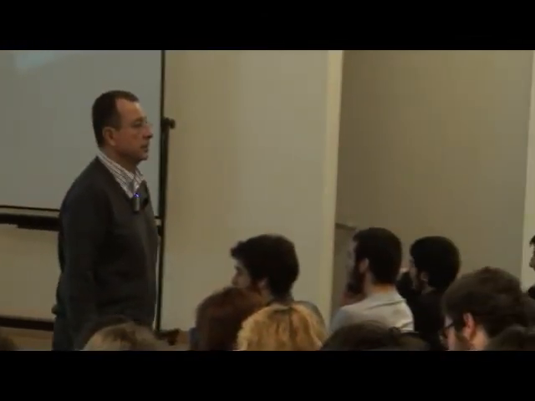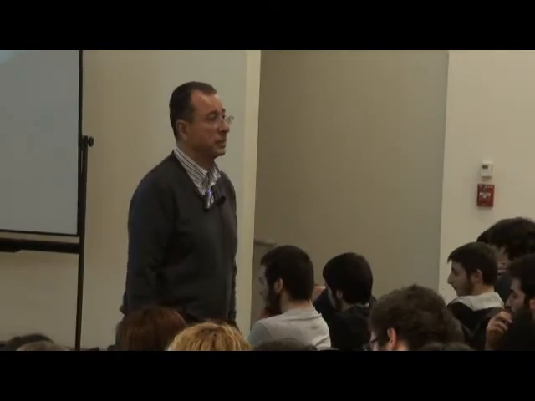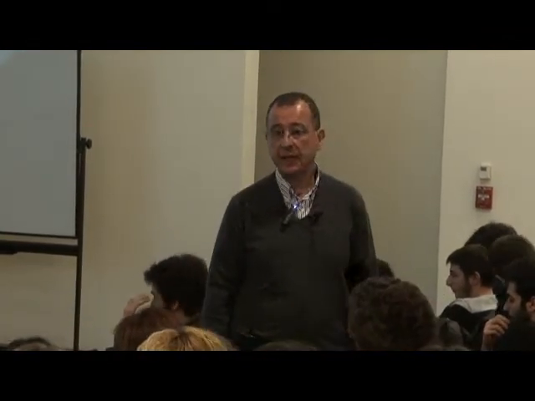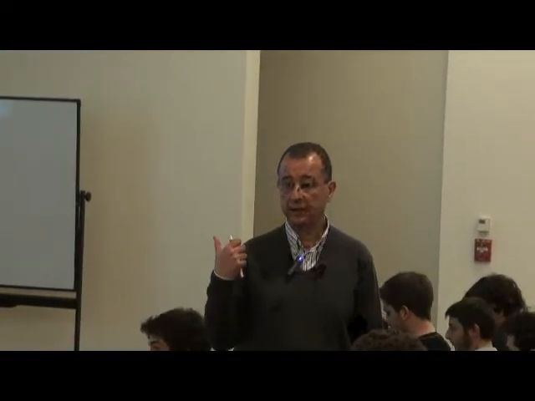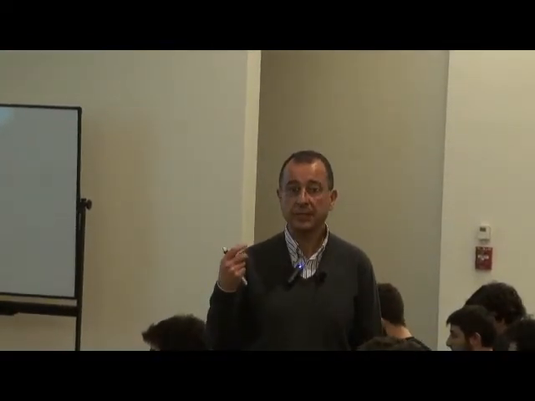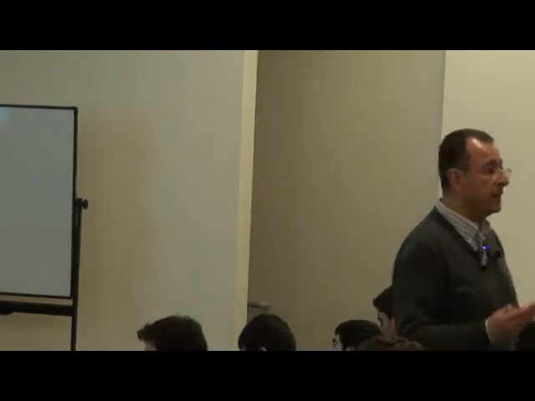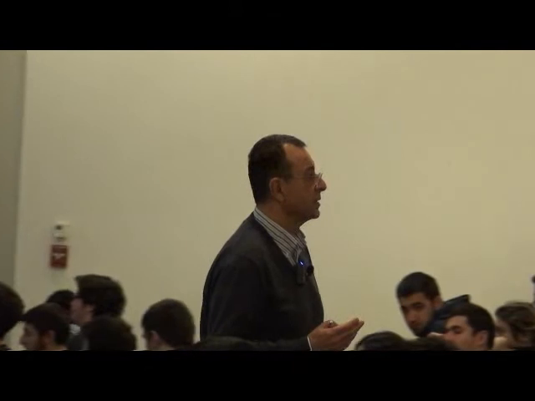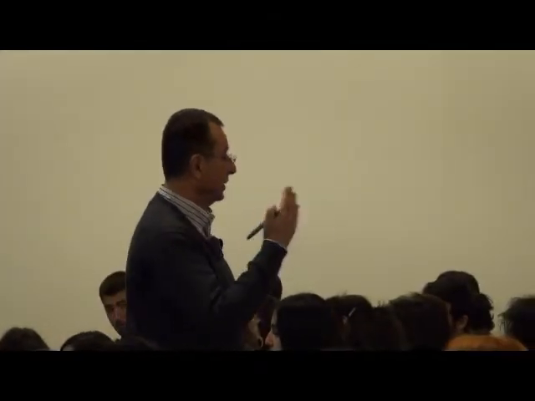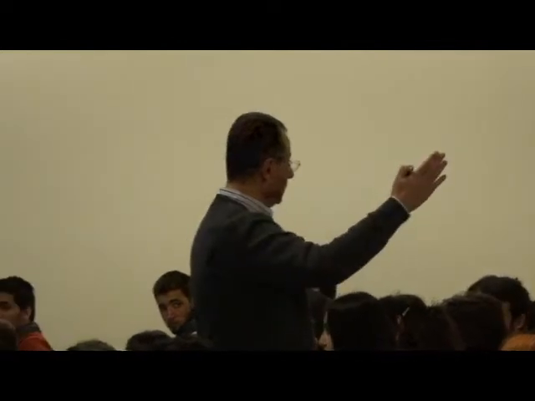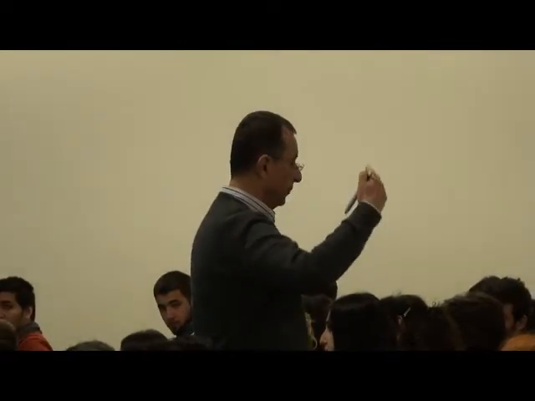Now the experiments for this were done at the end of the 19th century. But even before the experiments were done, Einstein realized this must be like that. The velocity of light must be the same with respect to everybody. The way he realized that was by studying the equations, the laws about the electromagnetic fields.